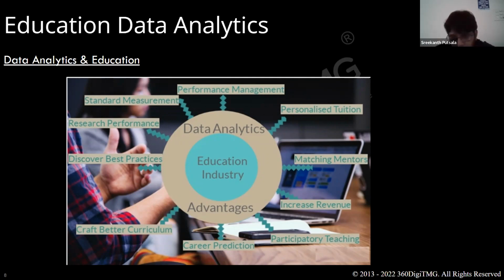So what do we have here? When we have advantages, maybe we can start from performance management, right? So we are looking into something called performance management. What is the performance of a particular student? What is the performance of a particular lecturer? This is something we can manage. We can look into personalized tuition, right?